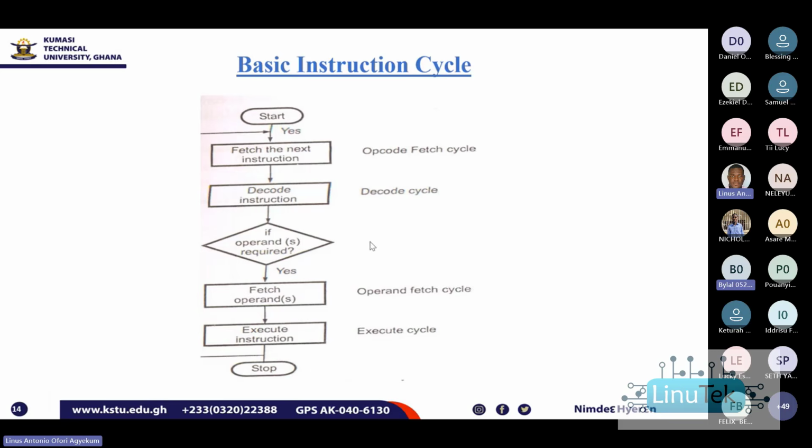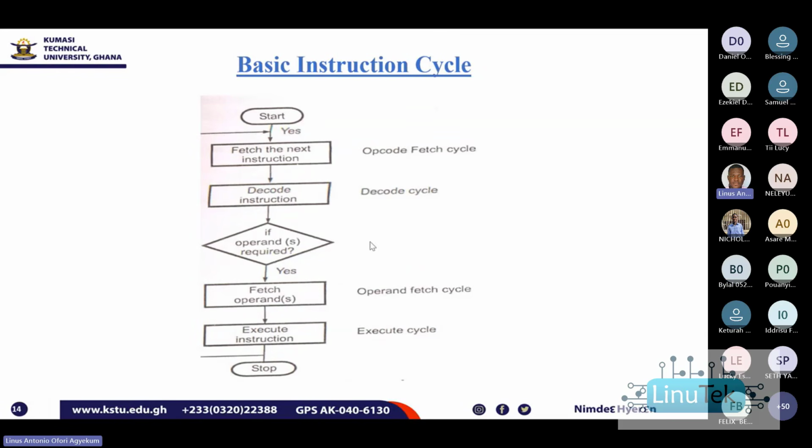The first phase is that the instruction will be fetched from the memory and brought into the processor. Phase two, the instruction will be decoded. And then phase three, the instruction will be executed. These are the phases of every instruction cycle. I don't know if this now makes it clear. It's clear now. Now I understand. Thank you.